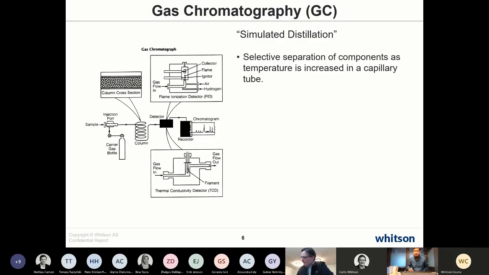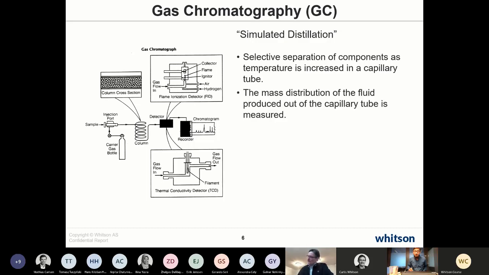The gas chromatography or simulated distillation: what we get from the gas chromatography is that we generally inject a small volume of the sample into the gas chromatograph, and then increase the temperature of the column. So here you can see the column. And we also have some kind of carrier gas, which could be helium, for example.